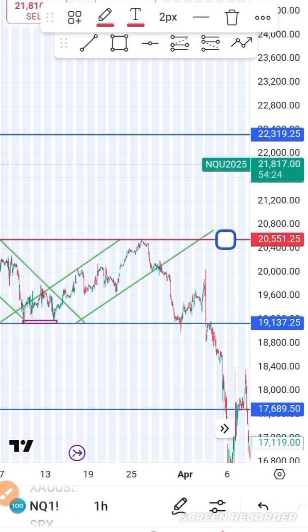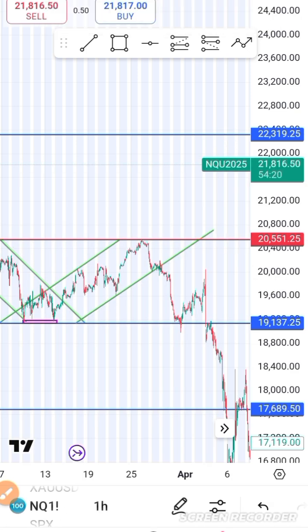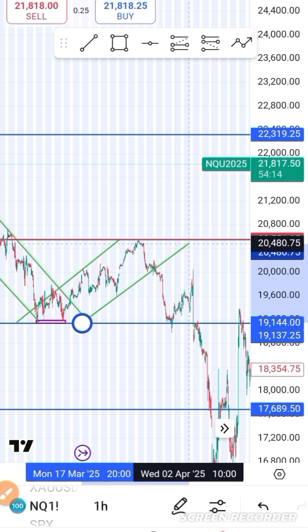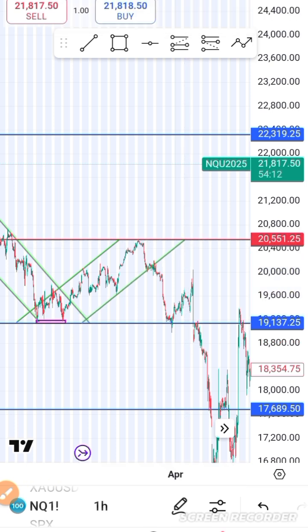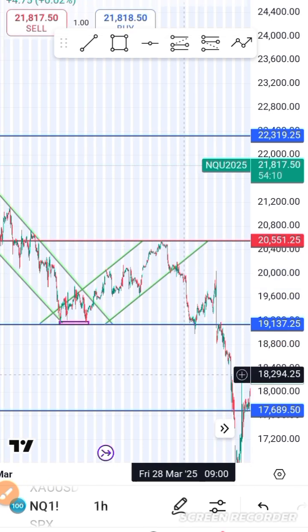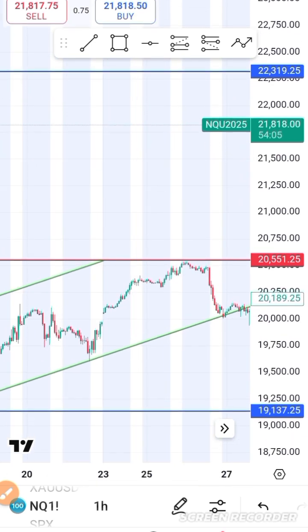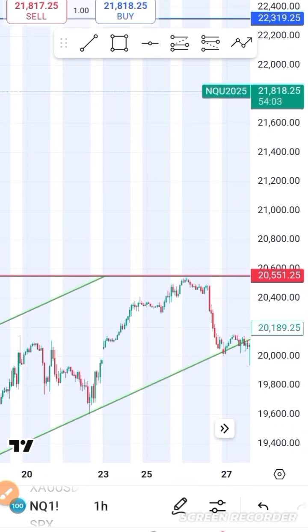So as you can see here, what I'm trying to do is put my things in the correct order so that you can understand what I'm trying to explain to you. So let me put my retracement if it is necessary. You don't just put your retracement if it is not necessary. If it's necessary, you must put it.